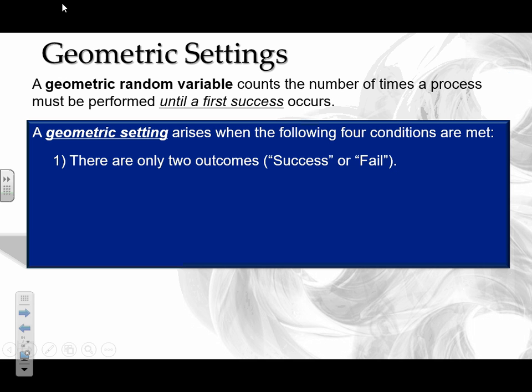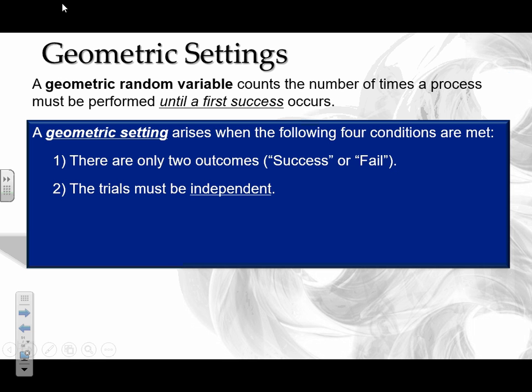The second one is, again, the same as the binomial. Trials must be independent. Now the third one is where we differ from the binomial setting. So the binomial setting at this point said that there were a fixed number of trials.